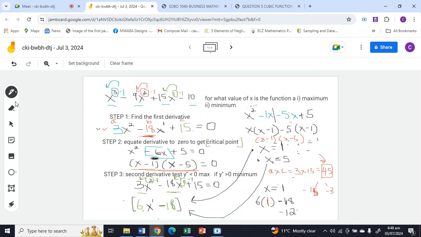So negative 12 is less than 0. So x equals 1 is your maximum. And when you graph this equation, at the point where x equals 1, it will have the highest point.